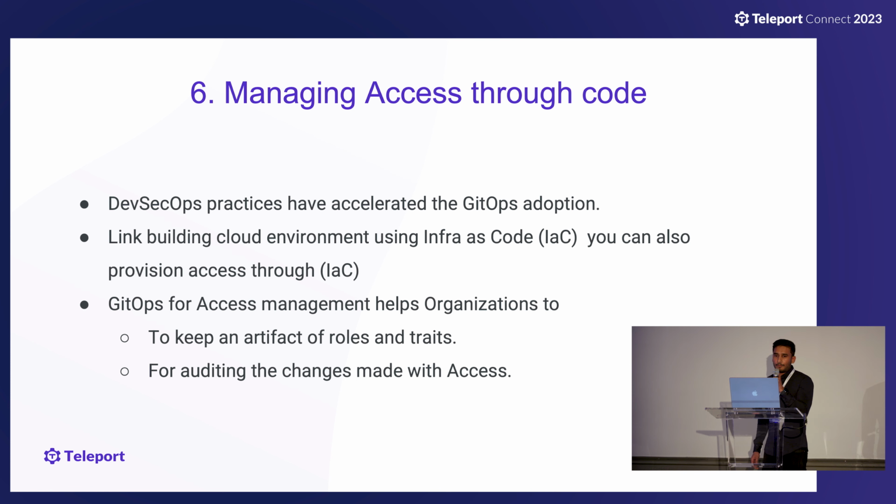Managing through code. Today we manage everything through code, right from building cloud infrastructure, CI/CD pipelines, to observability monitors. So why not access? Creating and managing users, roles, and traits can be done through code, and this will help organizations to collaborate, review, and make changes by having a review process around it.